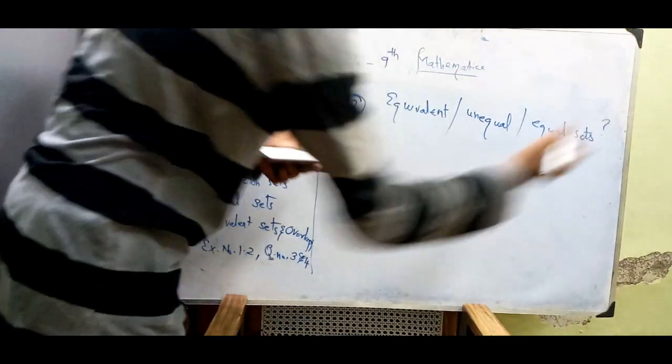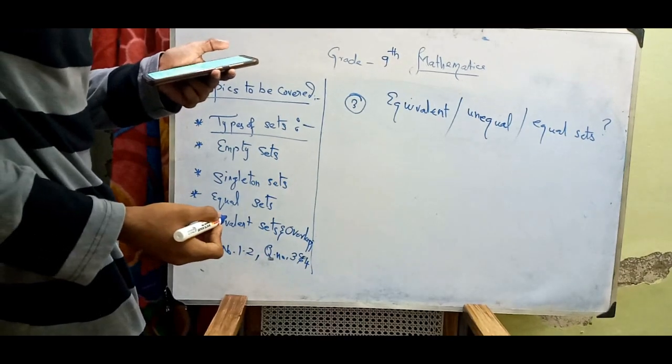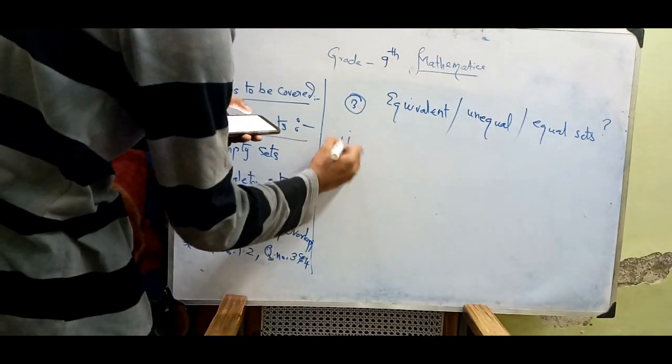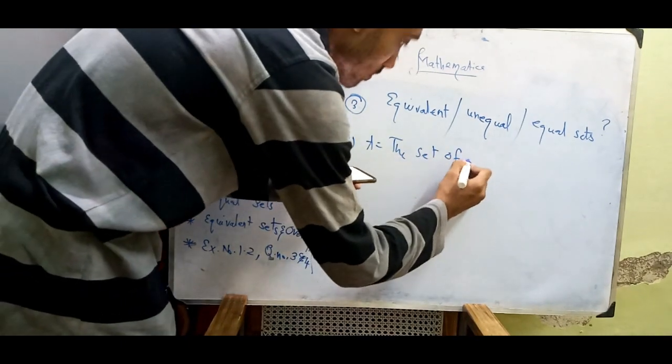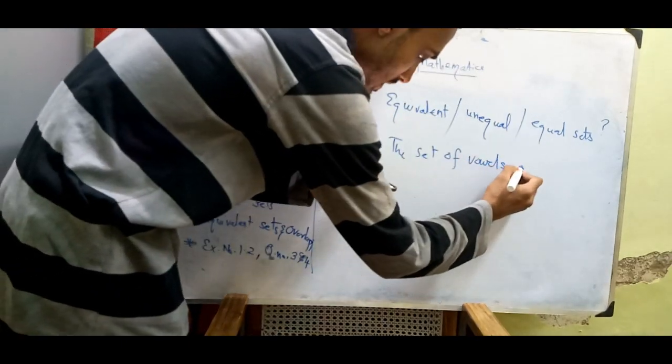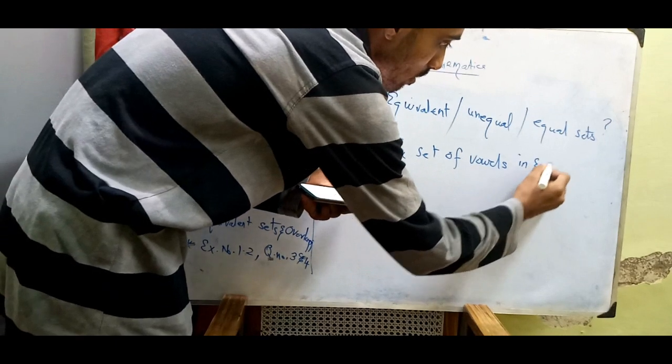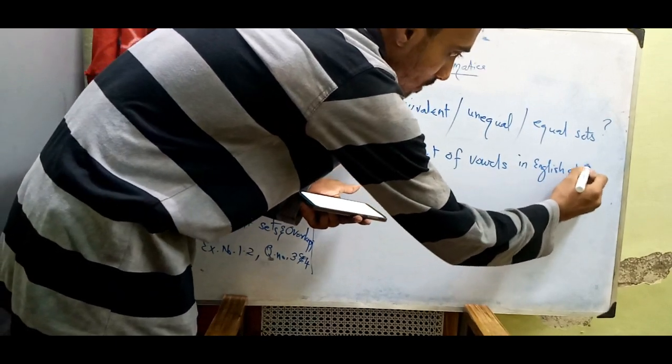Okay, so the question is asked in this way. So I'm going to use the first question. A equal to the set of vowels in English alphabets.